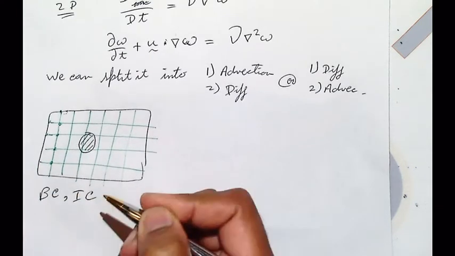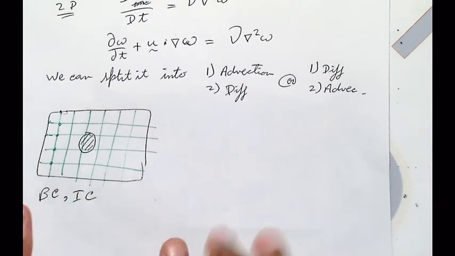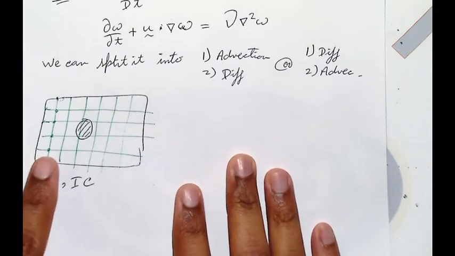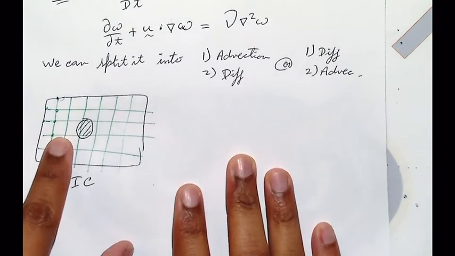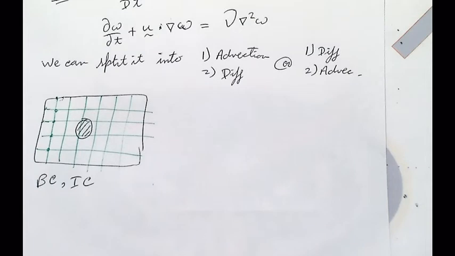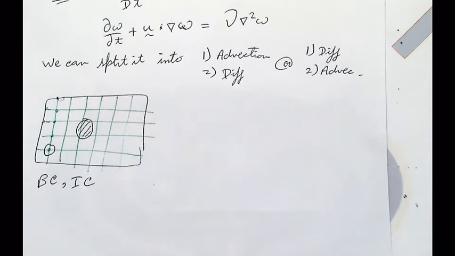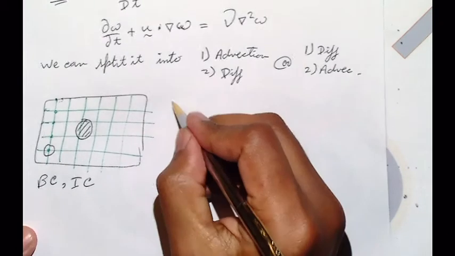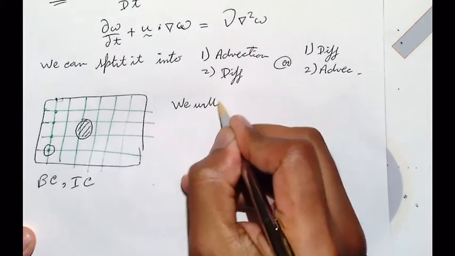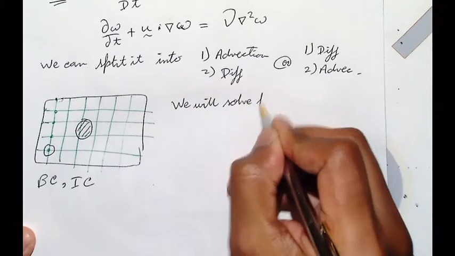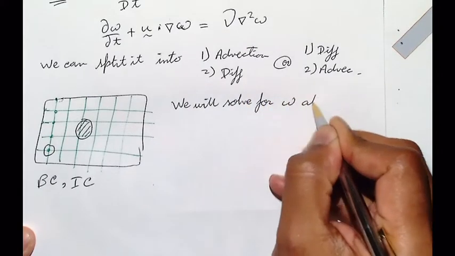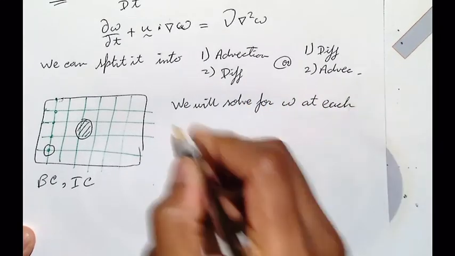Okay, let's assume I've given those to you. Now, what are you going to solve for at each of these grid nodes? In the past we have solved for temperature, we have solved for phi. Vorticity. Yes, at each of these nodes, we will solve for omega.